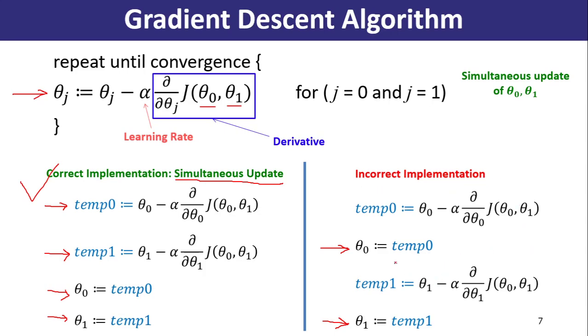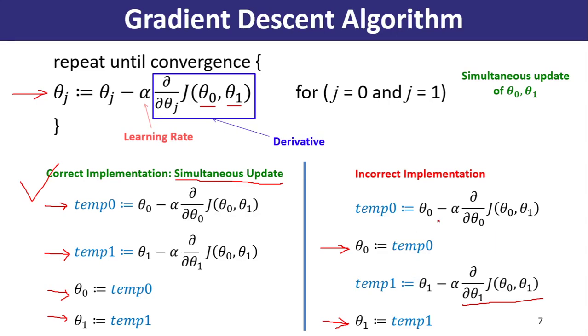Because whenever we are computing temp 1, we are computing the partial derivative of J of theta 0, theta 1 with respect to theta 1. So while computing this partial derivative, we need to use the same value of theta 0 that was used for computation of the partial derivative of J with respect to theta 0 earlier, right?